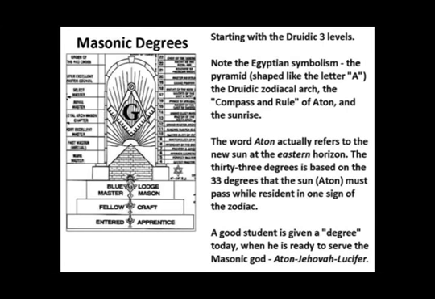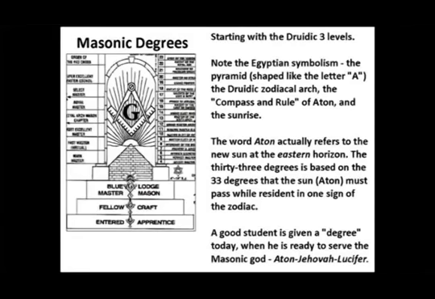The 33 degrees is based on the 33 degrees that the sun, that's Aton, must pass while resident in one sign of the zodiac. 33 represents the degrees of a single sign of the zodiac. For the sun to pass through the whole of the 30 degrees of a sign, and then a little bit more, the sun also has a certain size.